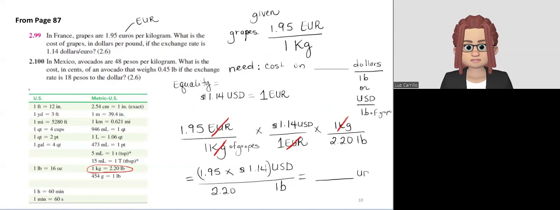The final result for this problem is going to depend on the significant figures that were given in the problem. So as you can see, that is 3 significant figures because we have them right here.